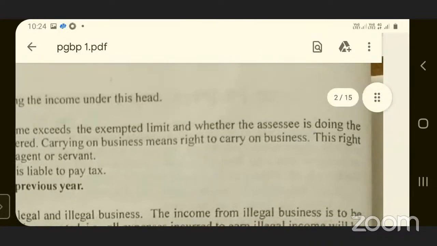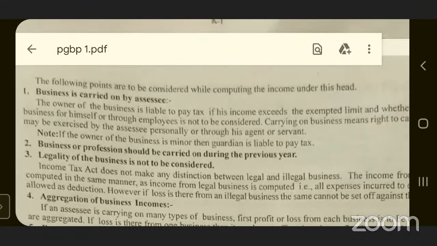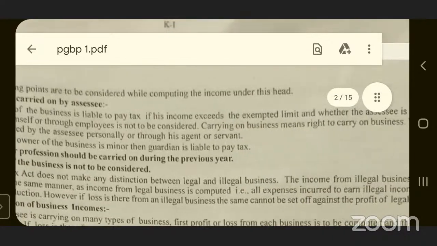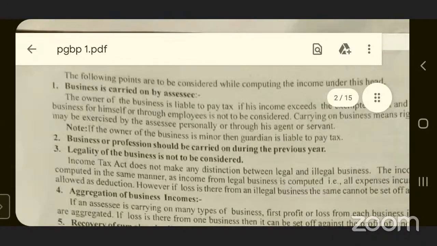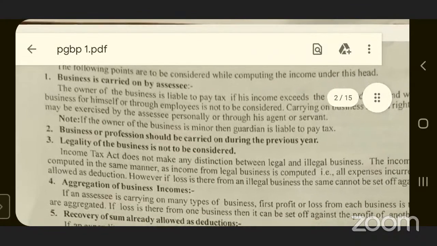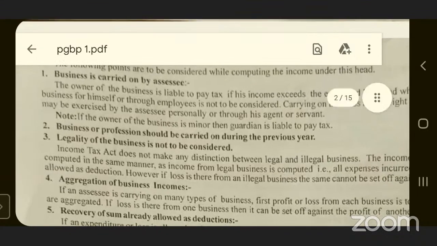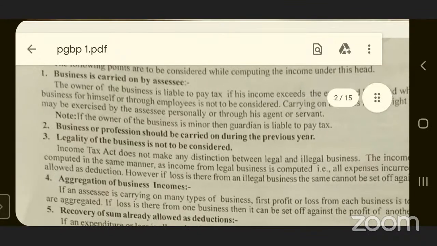Whether the assessee is doing the business for himself or through employees is not to be considered. Carrying a business means the right to carry on business. Means are we the owners or not? He may run the business by himself or by taking a few employees in order to run the business. That is irrelevant. The business is carried on by the assessee itself.